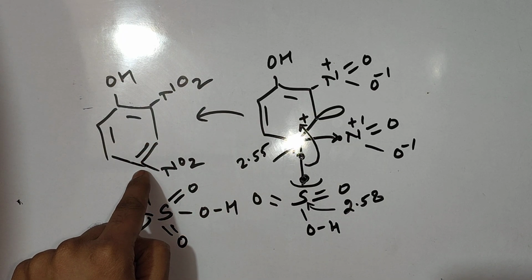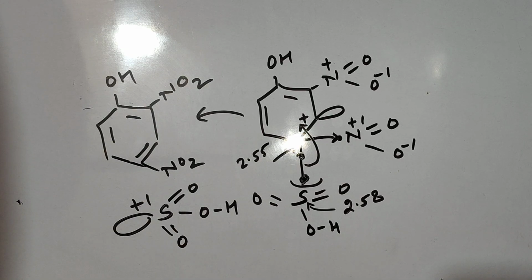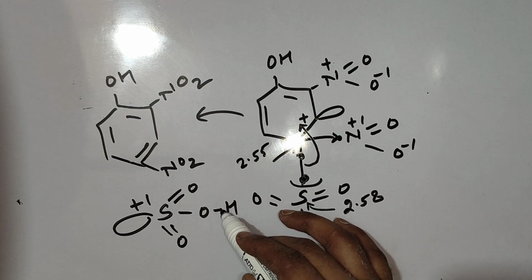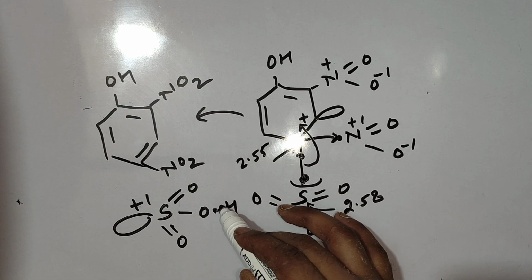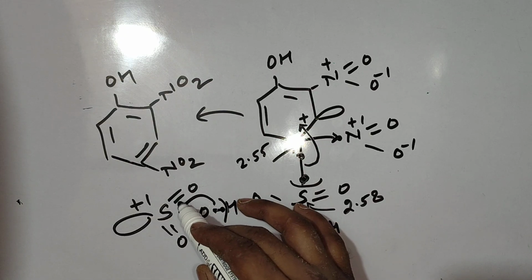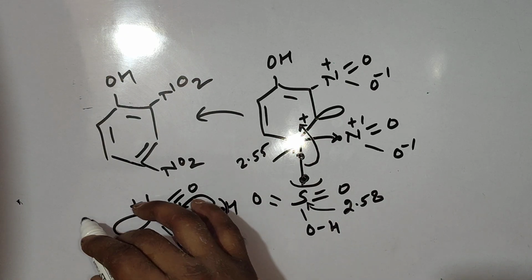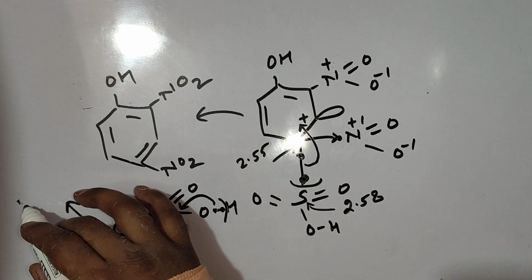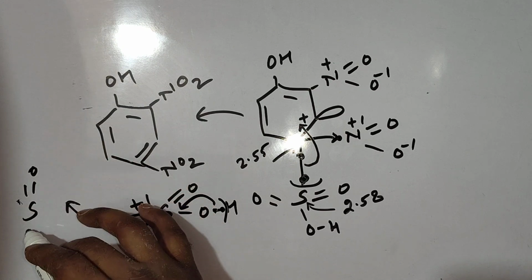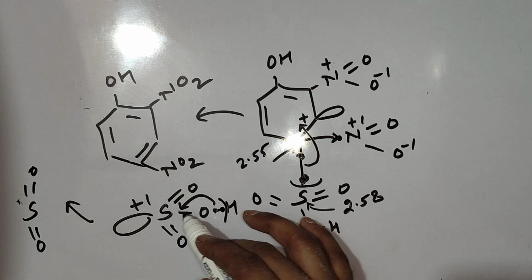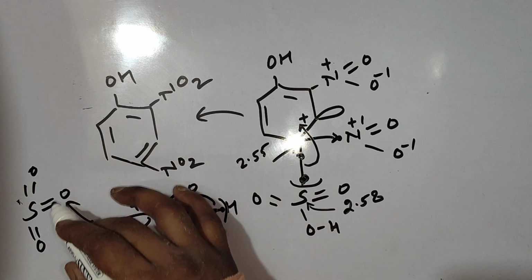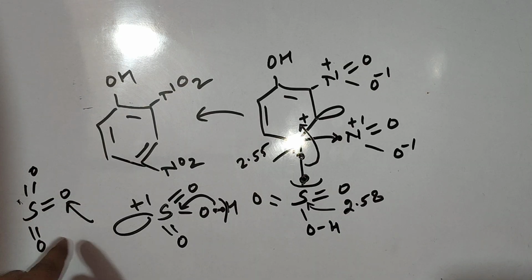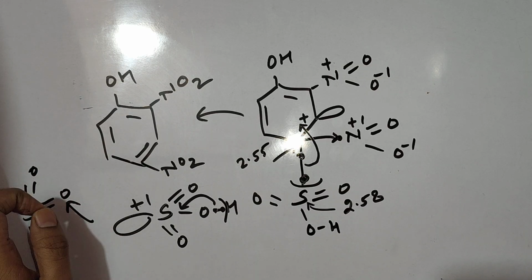Check. Now what will happen with this one? Very easy. The vacant orbital: this oxygen will break its bond from its hydrogen and the electron will transfer towards sulfur, due to which the vacant orbital of sulfur will be satisfied, and between this oxygen and this sulfur, two bonds will generate. Again sulfur trioxide gas has been generated.